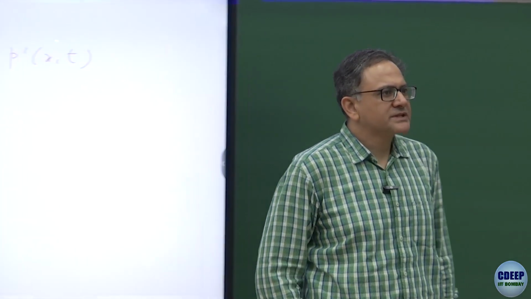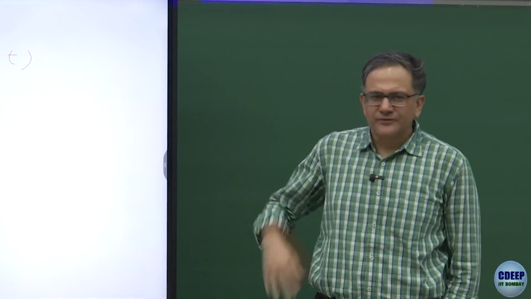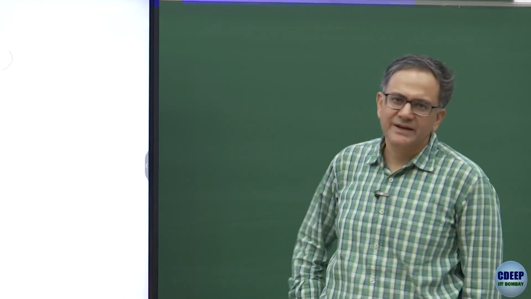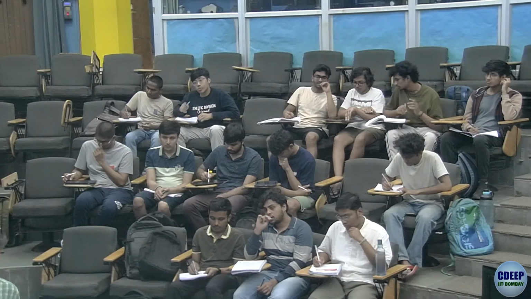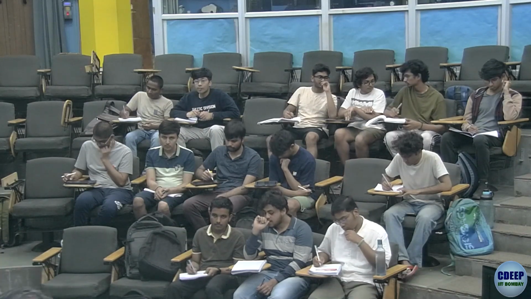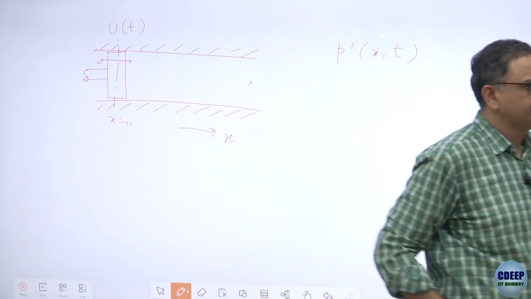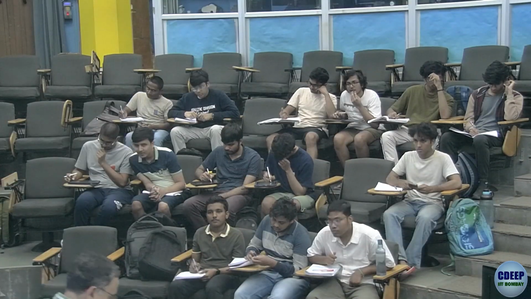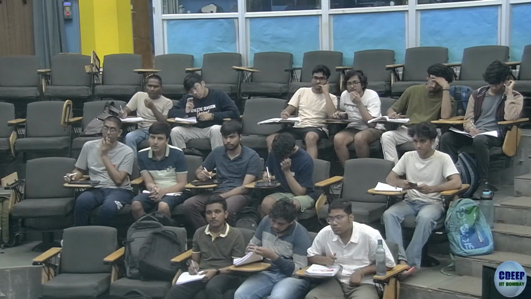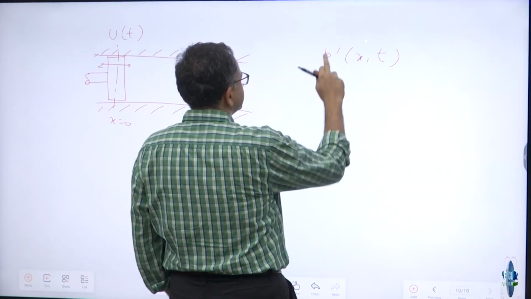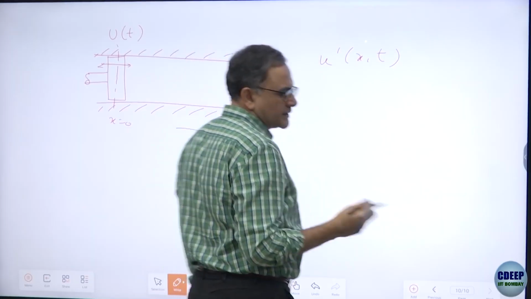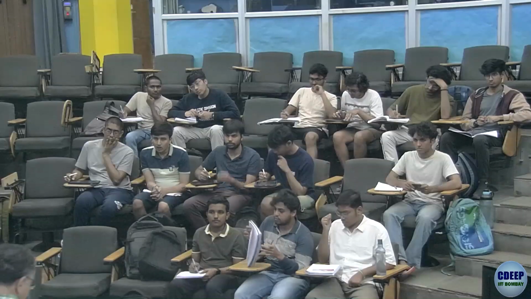So what would the pressure fluctuations look like if all the assumptions of the prevailing theory, that is linear acoustics with planar waves, are valid? U is the velocity of this piston as a function of time. Just one small change: let's just be interested in the velocity for now, u prime. We'll come back to p prime soon.